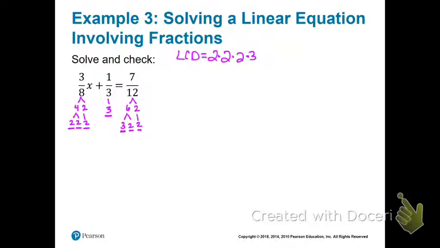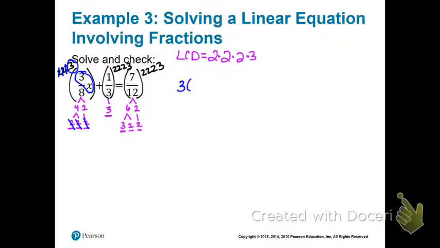All right, so we know our least common denominator is 2 times 2 times 2 times 3, and so that's what we're going to multiply every one of these terms by. So 2 times 2 times 2 times 3, 2 times 2 times 2 times 3, and 2 times 2 times 2 times 3. All right, so for the first fraction, we wanted to get rid of those 3 2's. So we're going to mark out 3 of the 2's, and so we're left with a 3 times a 3x.